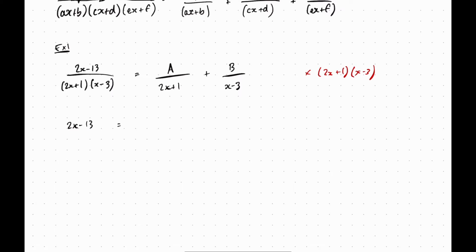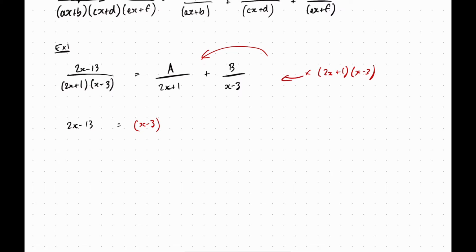The reason we get the x minus 3 with the A is because when we multiply a over 2x plus 1 by this, the 2x plus 1 will cancel out, leaving us with just x minus 3 in front of our A, or A in front of our x minus 3.